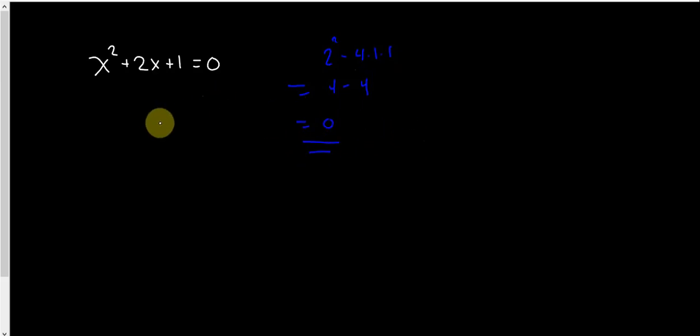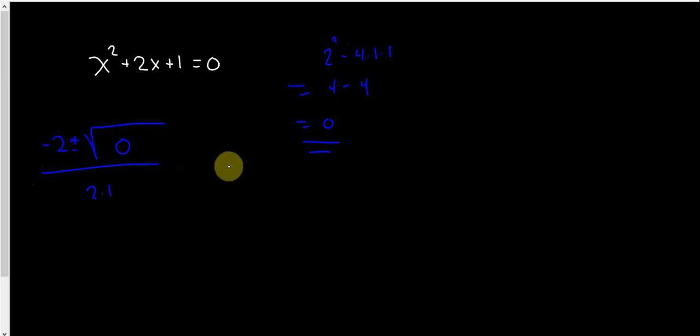Now, let's see, for fun, if I tried to factor this, what do I want to do? We could use the quadratic formula to solve this. So negative b plus or minus the square root of, guess what? We already did. The discriminant is 0, divided by 2 times a, which is just 2 times 1.